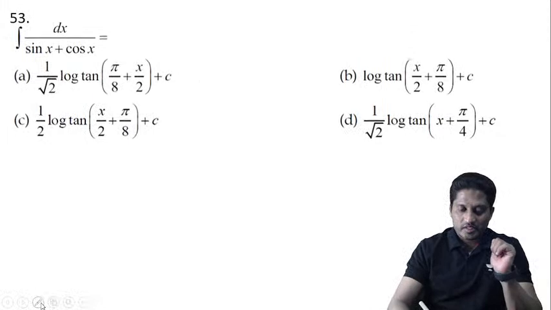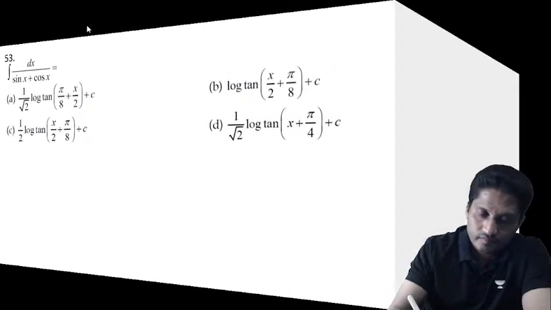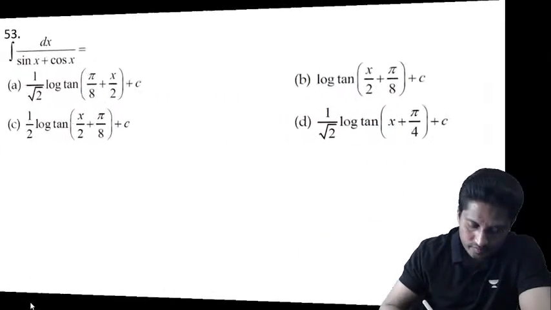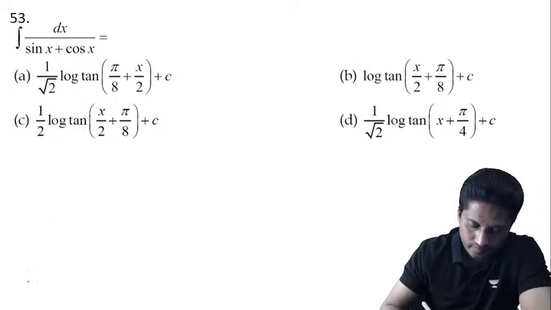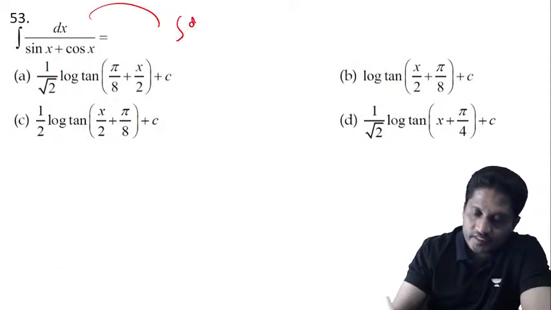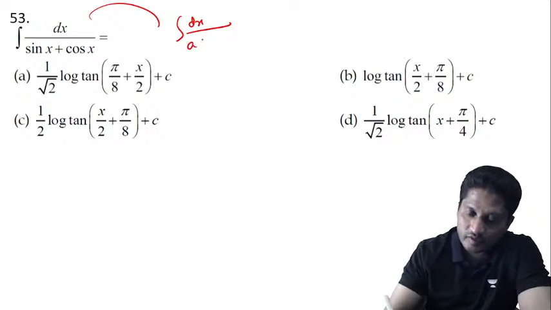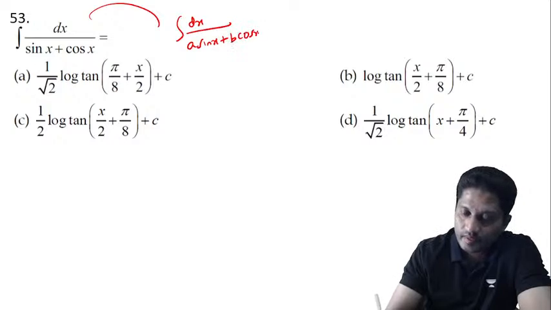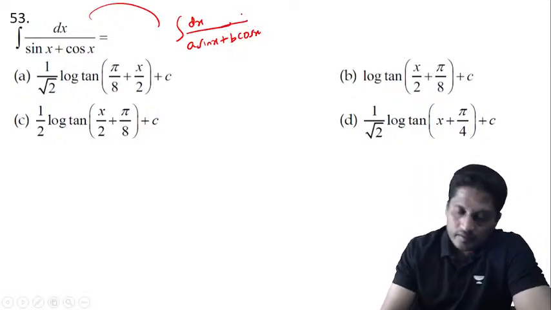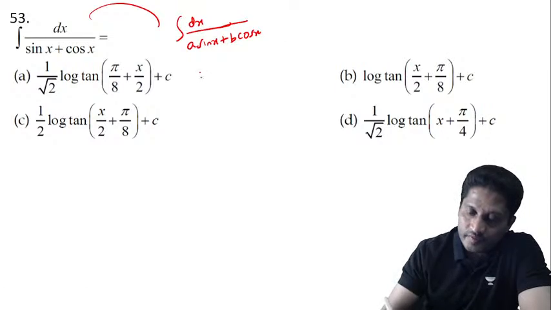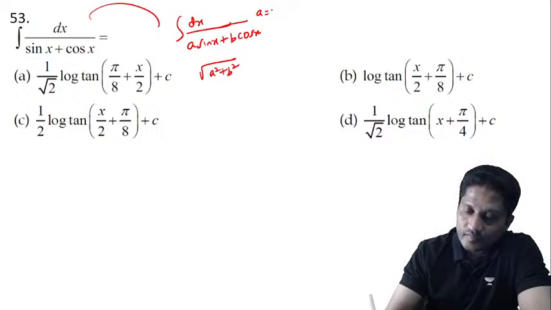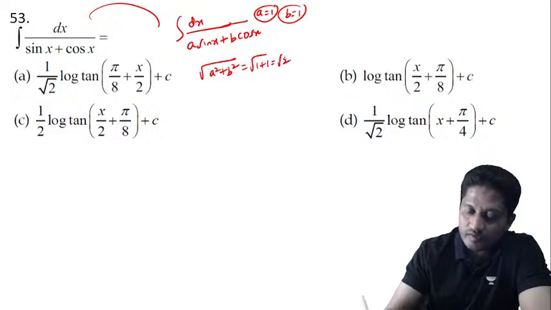Alright, now see, this is of the form integration dx divided by a cos x plus b sin x, or a sin x plus b cos x, whatever it may be. So multiply and divide by root of a square plus b square. If I compare, a will be 1 and b will be 1. Root of a square plus b square is root of 1 plus 1, which is equal to root 2.